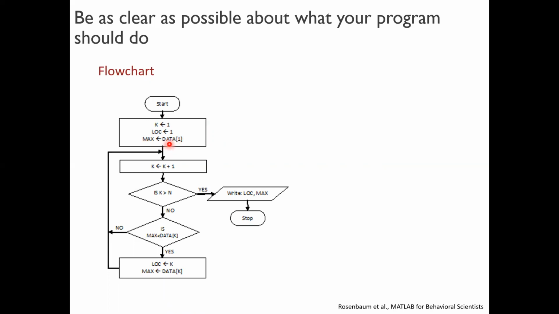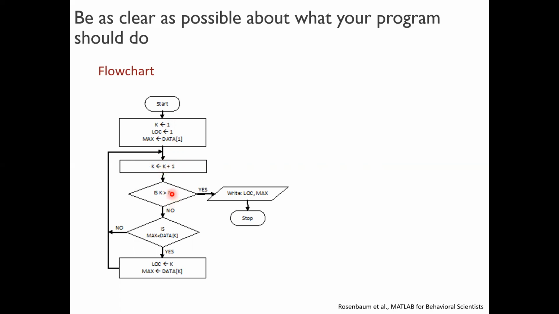So again, imagine if you have a list of numbers and you're looking for the max, a good place to start is to say, let's assume initially that the first value is the largest value. So then as we move through the algorithm, we're going to increment our counter. So we're going to make k equal to k plus 1, right? So if we started with k equals 1, we add 1 to it, now k is equal to 2.